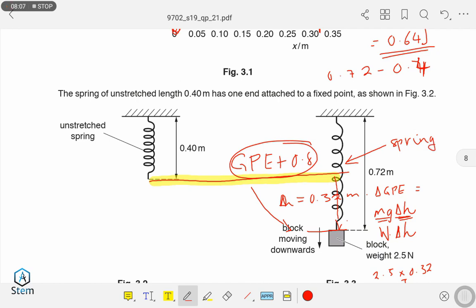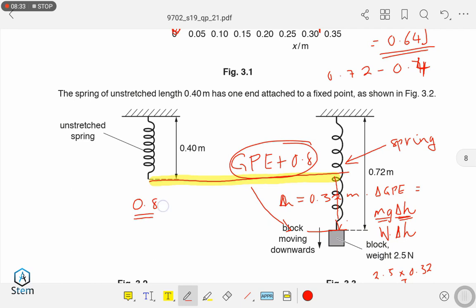In other words, the spring is doing some work against the kinetic energy which is increasing downwards. So we are going to have 0.8, which is the gravitational potential energy which was supposed to be transferred to kinetic energy if there was no resistance.